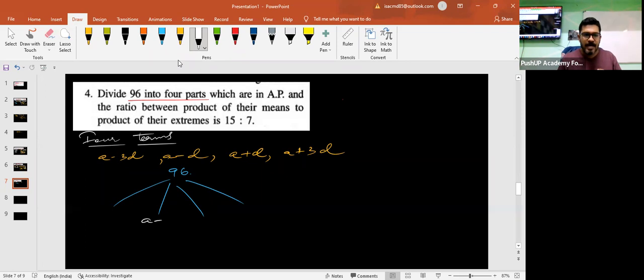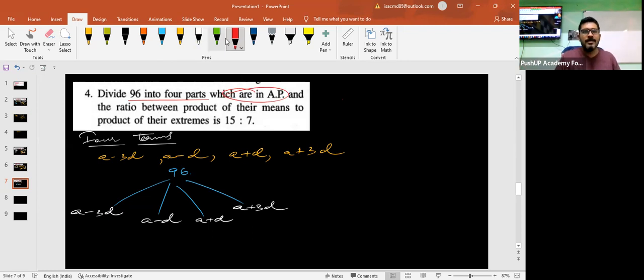Here you will get A minus D, here A minus 3D, here A plus D, and here A plus 3D. Makes sense? Because the 4 parts into which this number 96 has been divided are in arithmetic progression. That is very clearly given to you. That is why I am dividing 96 into these 4 parts.